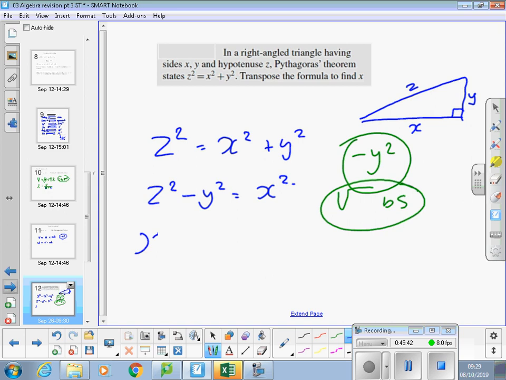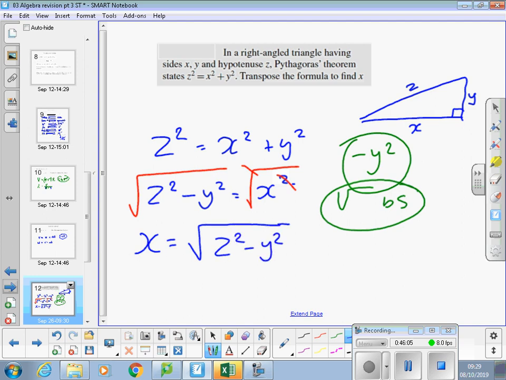So if we square root x squared, the square and root cancel, and x is equal to the square root of z squared minus y squared.